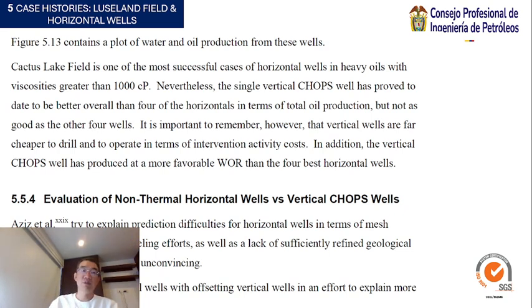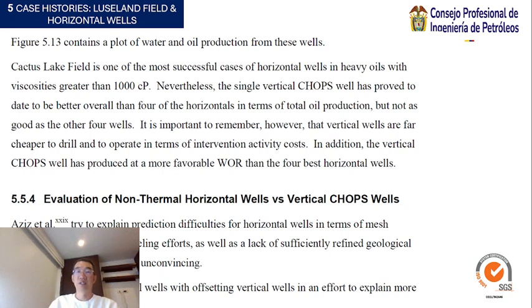Figure 5.13 contains a plot of water and oil production from these wells. Cactus Lake Field is one of the most successful cases of horizontal wells in heavy oils, with viscosities greater than 1000 cp.